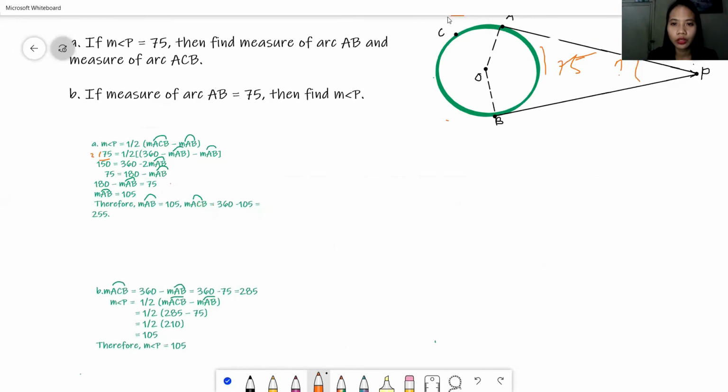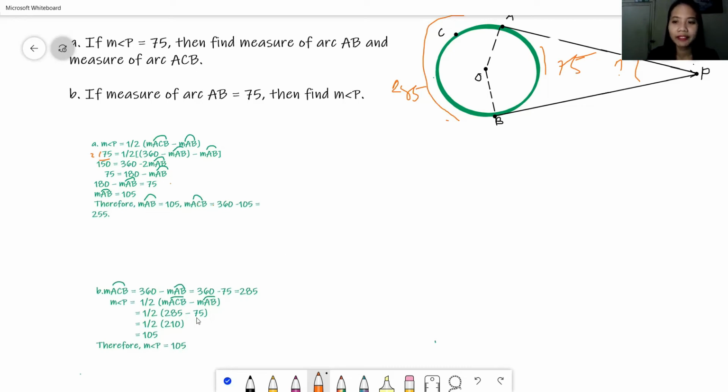Arc ACB is 285. So we already have the value of it. Let us proceed now to find the value of angle P. So 1/2 times the measurement of arc ACB, which is 285, and then minus 75, which is the value of arc AB.